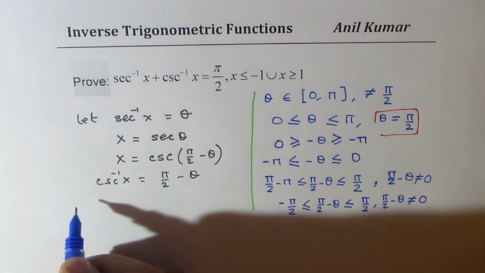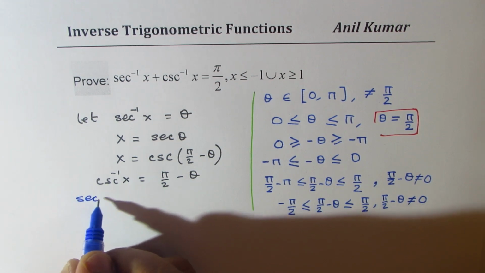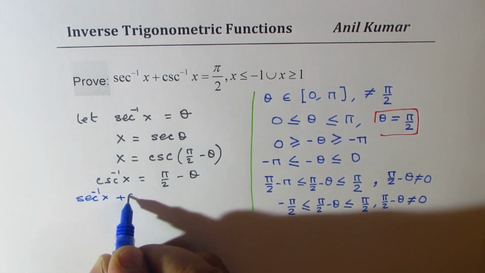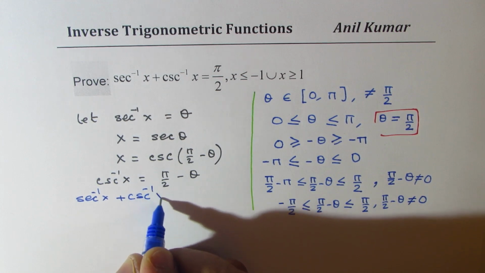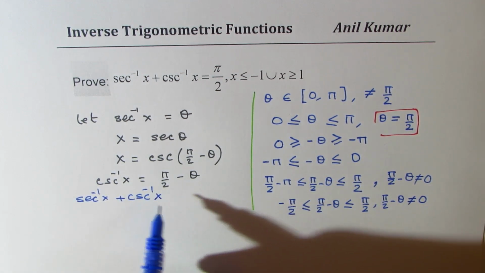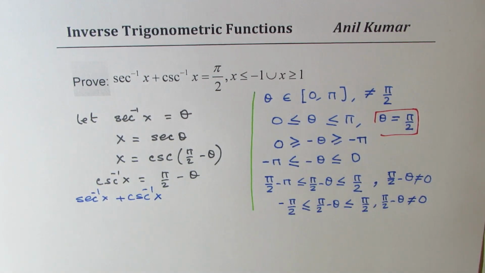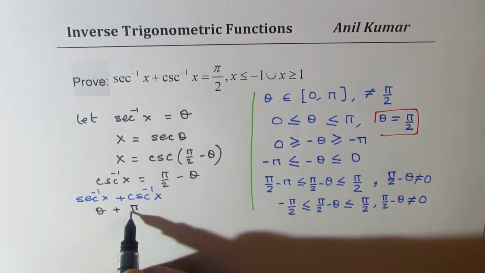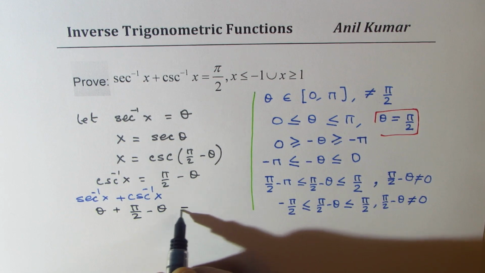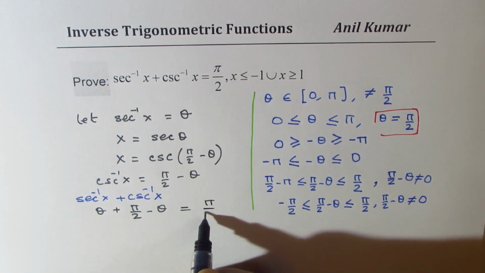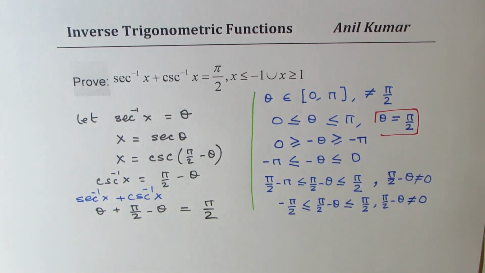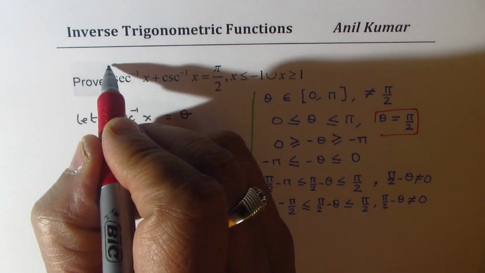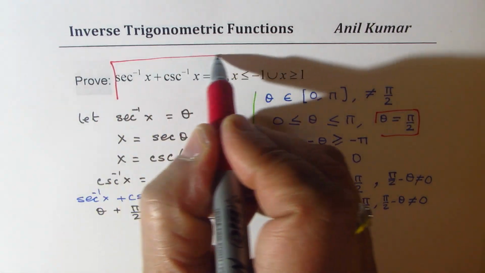So getting back to our equation, which is secant inverse x plus cosecant inverse x, we'll substitute these values. So what we get here is theta plus pi/2 minus theta, and that gives us pi/2. Does it make sense to you, right? So that is how you prove this identity.